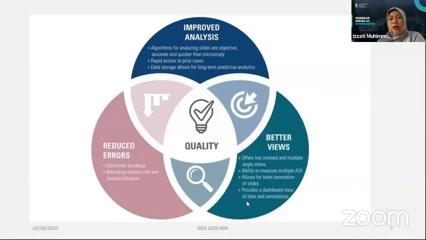We can also build a dashboard to view several data and annotations. Some diagnoses need more than one image to be evaluated. For example, for tuberculosis cases, we need 100 images to be reviewed for one patient.